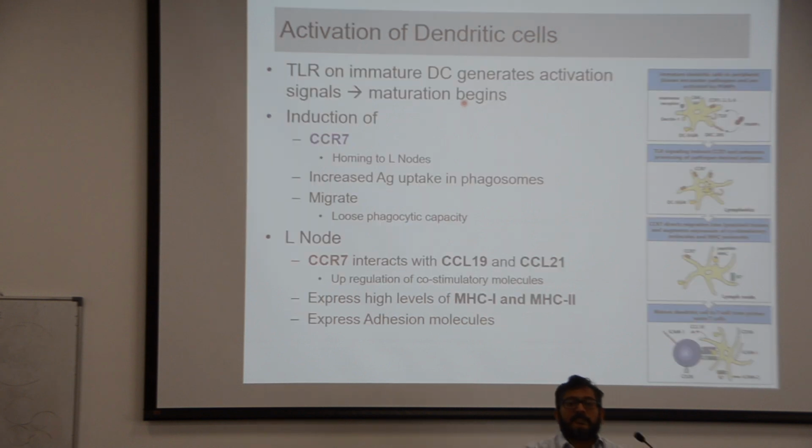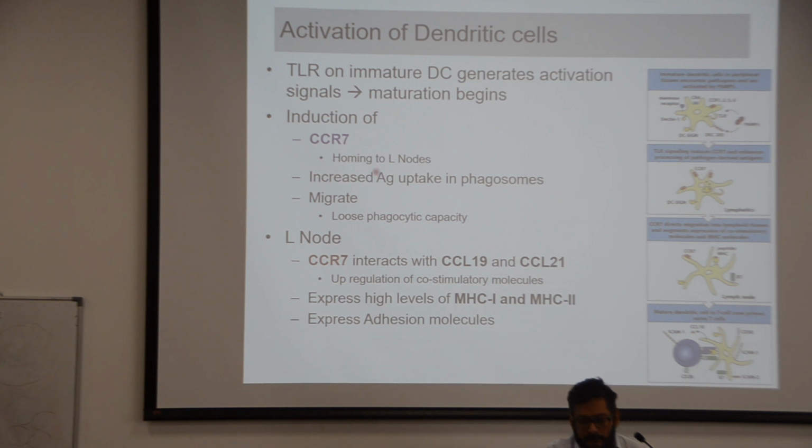Now, when your dendritic cells got activated and started moving towards the lymph nodes that we discussed earlier, how do they actually do that? You have the induction of CCR7, chemokine receptor 7, that starts taking these immature dendritic cells, while they're maturing, and makes them home towards the lymph nodes.